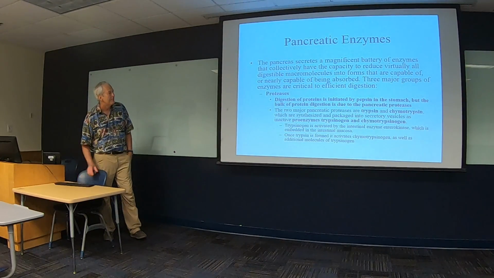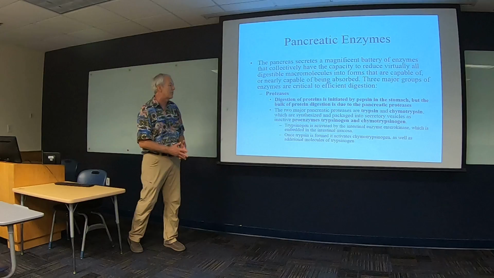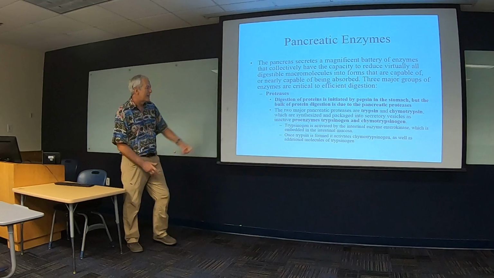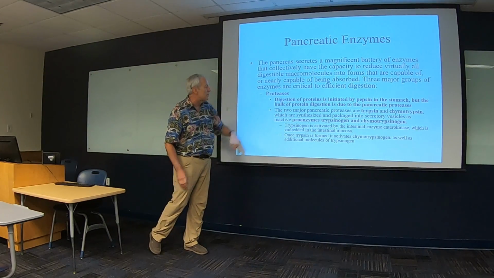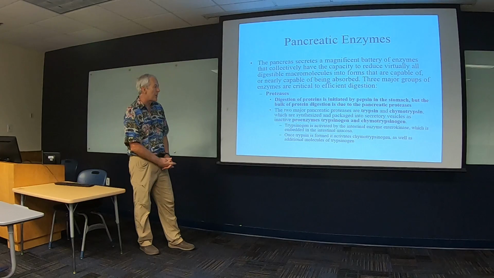that the intestinal tract can absorb. So digestion, the proteases that are produced include typically enzymes that need to be activated. The two major pancreatic proteases, which are typically released in inactive form, include trypsin and chymotrypsin.